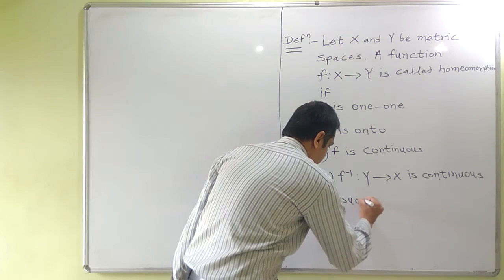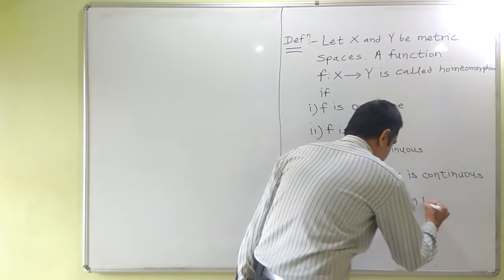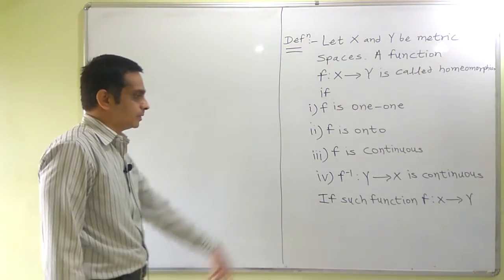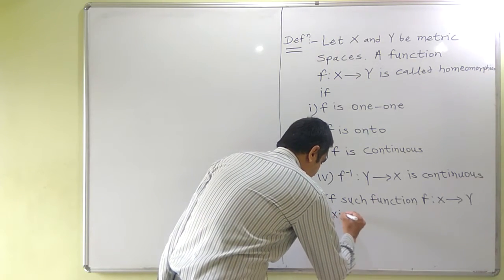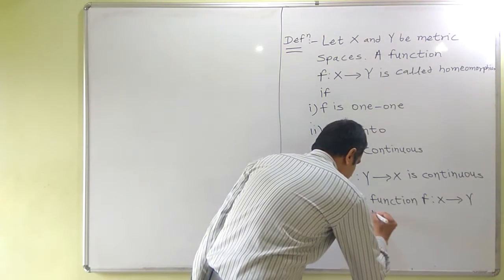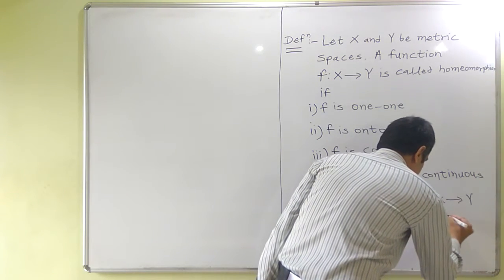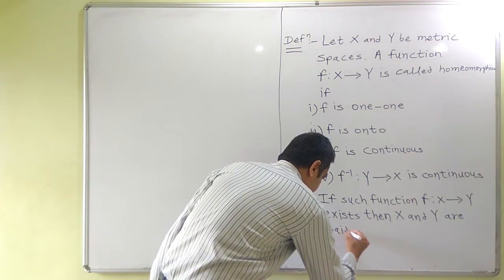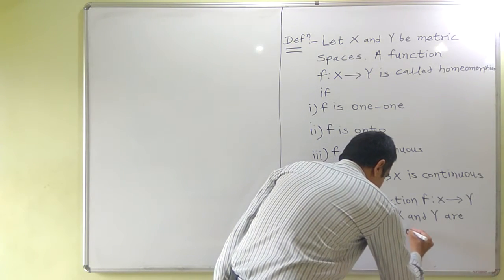If such a function f from X to Y exists, such a function meaning satisfying all these properties, then X and Y are said to be homeomorphic.